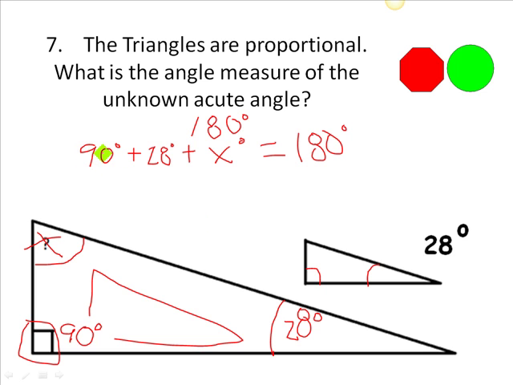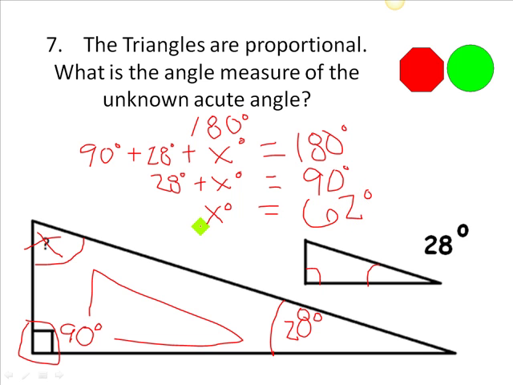If we subtract 90, then that just goes away, and this becomes 90 because I've kept the balance. So now I have 28 degrees plus the unknown degree equals 90. If I subtract 28 from each side, I keep the balance in check, and so that means x equals, what's that, 62? 62 degrees?